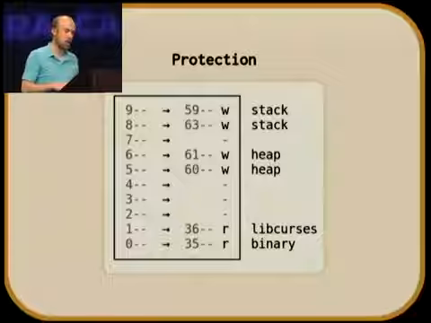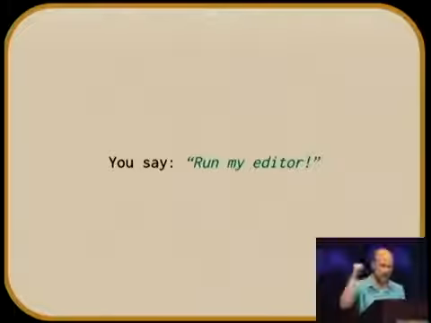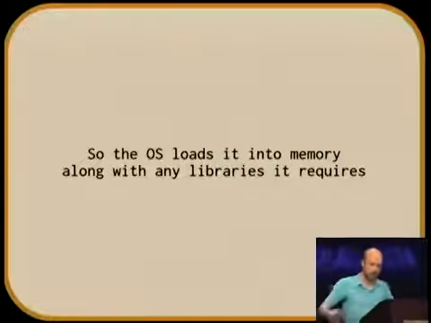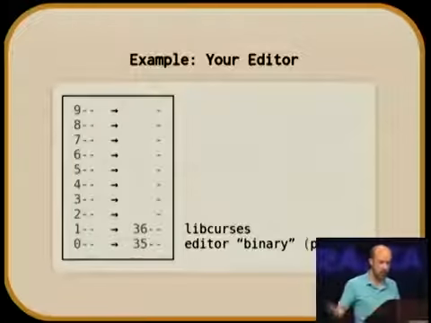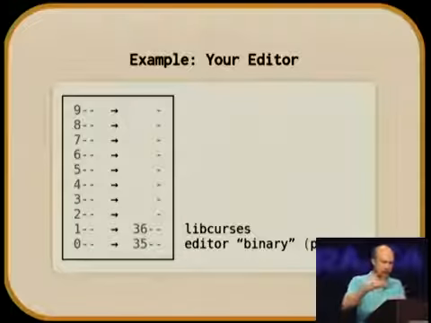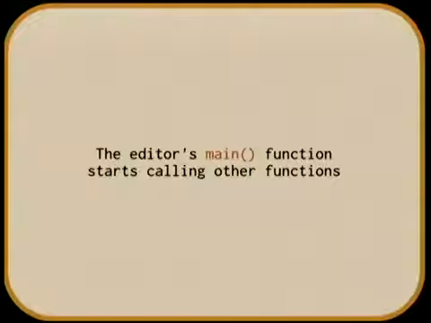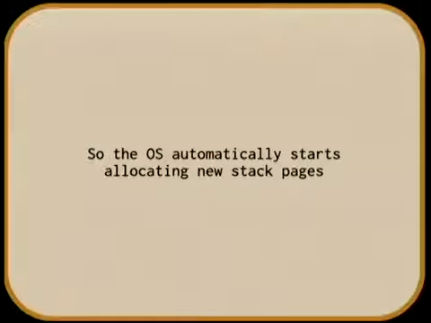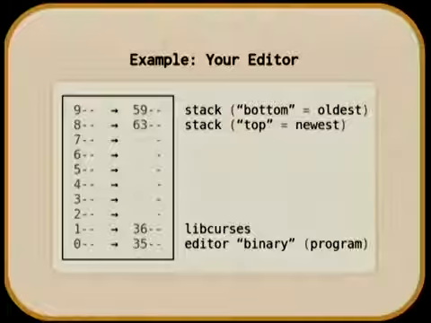You say, run my editor, and the OS loads it into memory along with any libraries that it might require, taking up a few pages of memory. The editor's main function now gets kicked off and starts calling other functions, so the OS will automatically start to allocate stack pages as that call graph grows. That tends to start at the top of memory and work down as more pages are allocated.